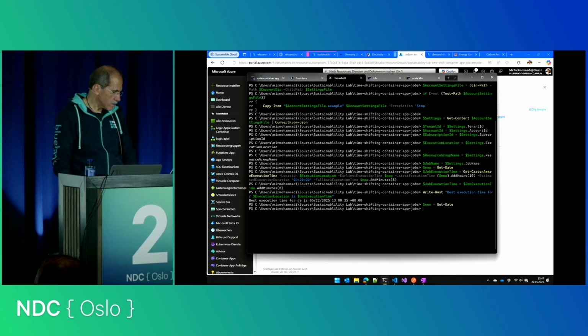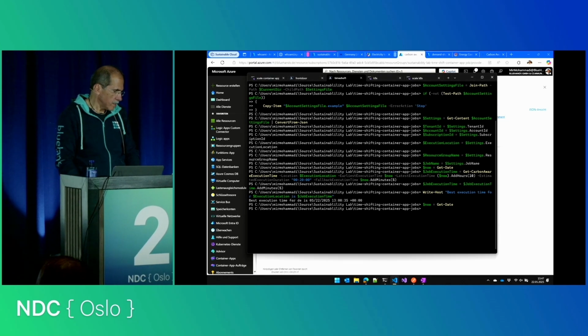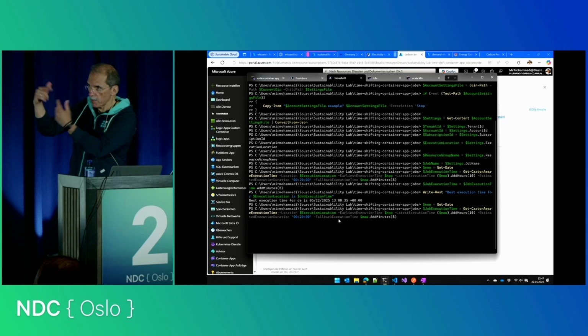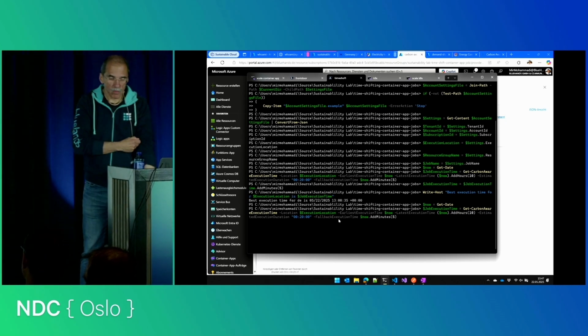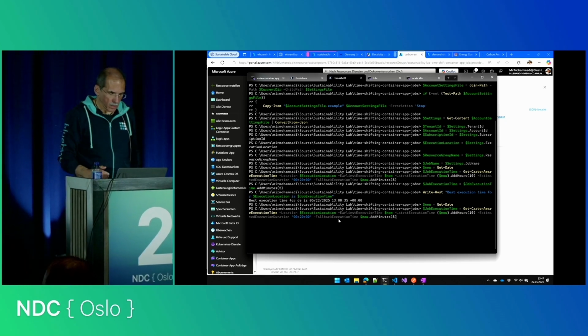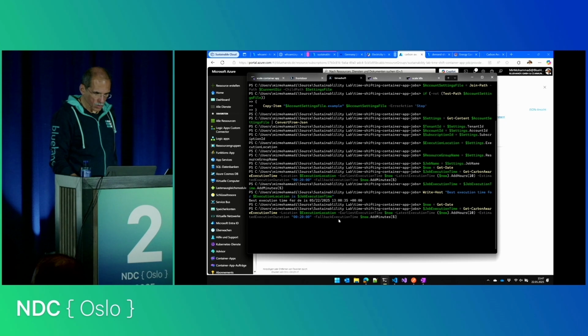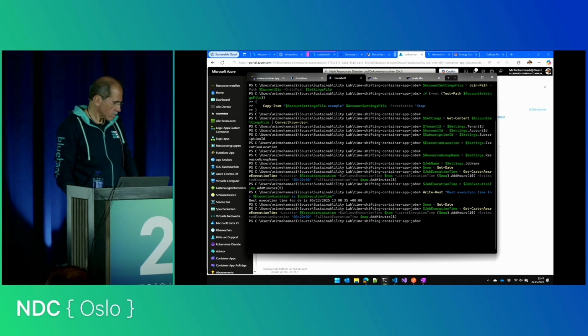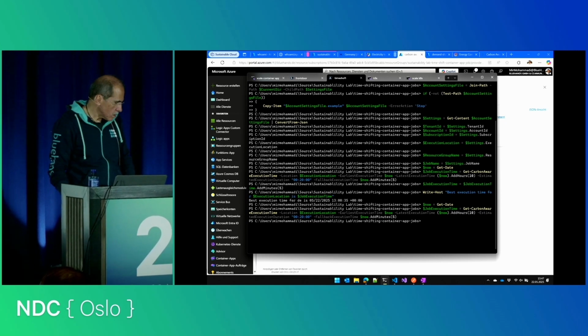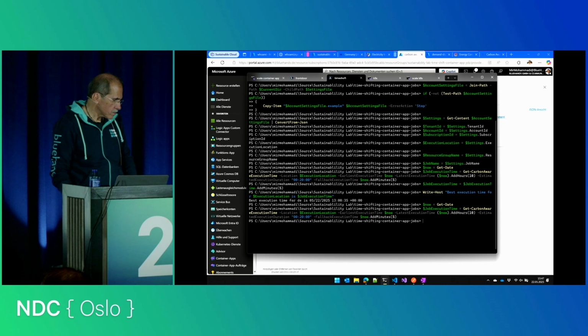Get a date, so now, and now I will ask PowerShell, and behind it there is a PowerShell cmdlet. I will get the next best execution time, and then I can print it for you.